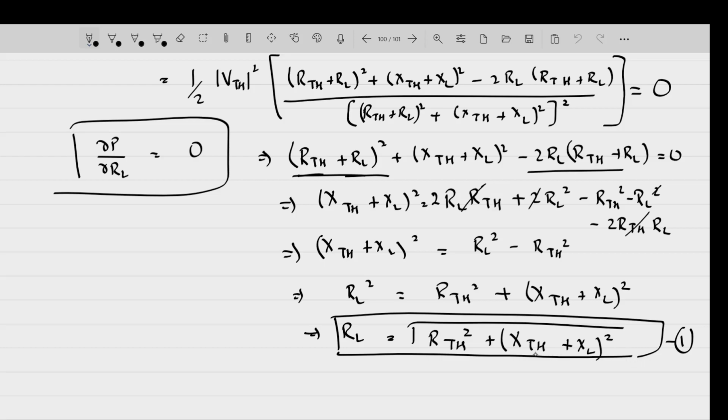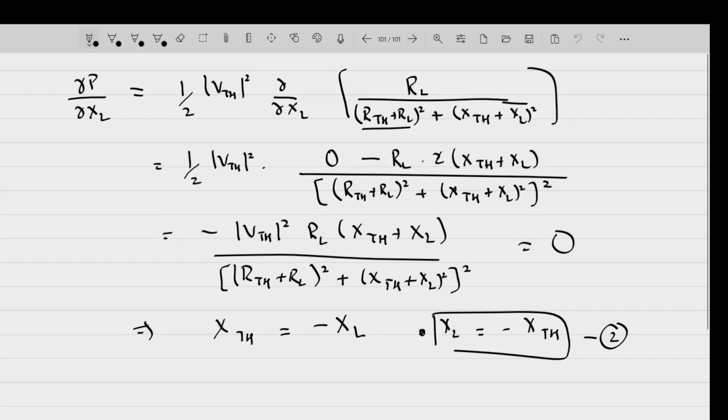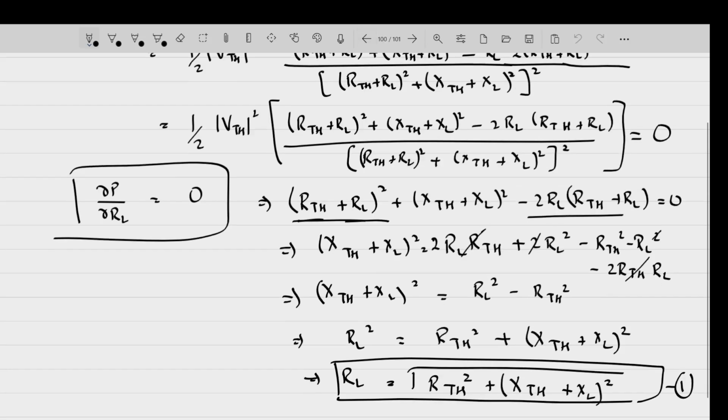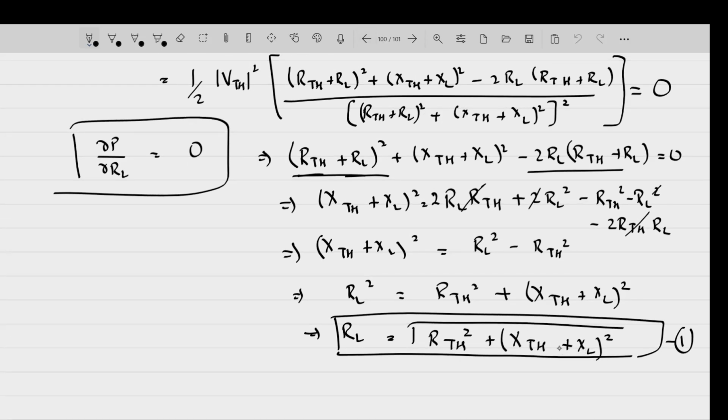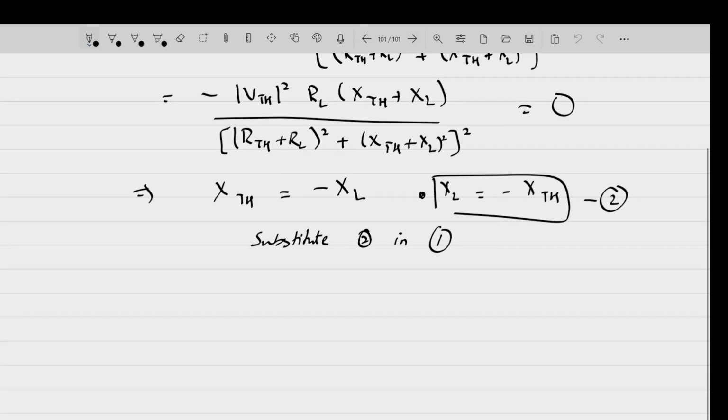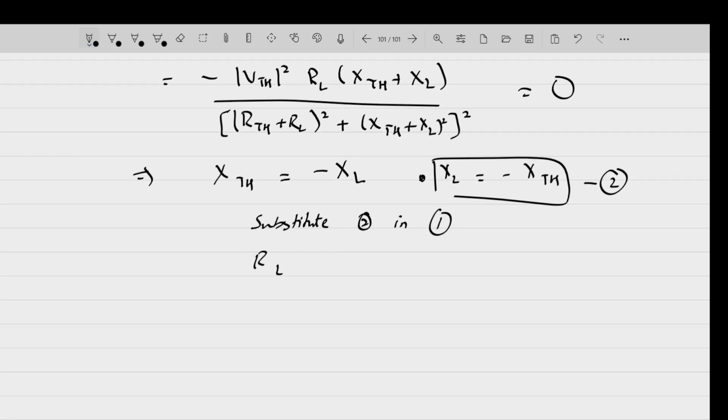From equation number 2 we have seen that XTH is equal to minus XL at maximum power point. Once we substitute 2 in 1, XTH is equal to minus XL, so this becomes zero, here RTH square cancels out, so RL will be equal to RTH. RL is equal to RTH. Fine.